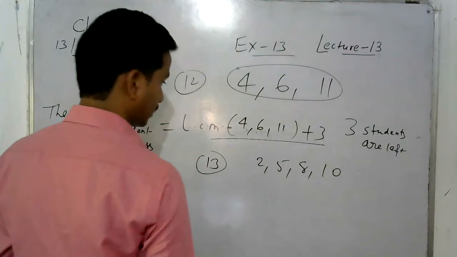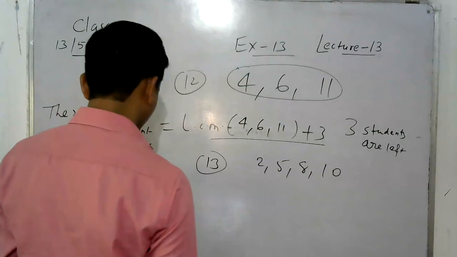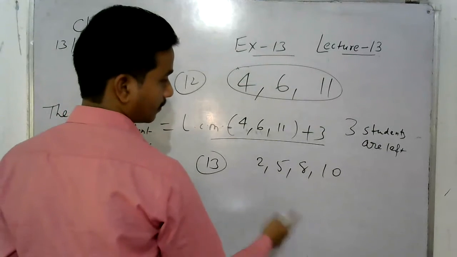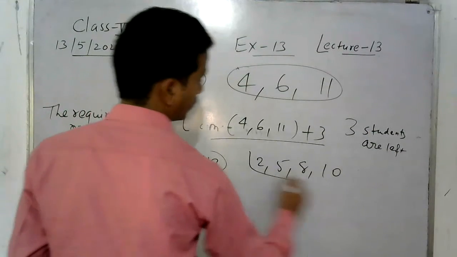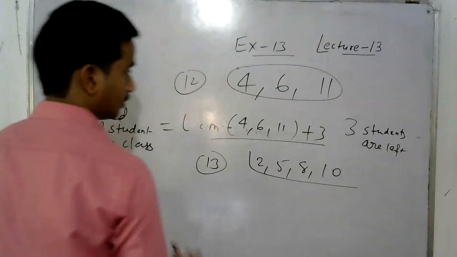You have to find after what interval of time all the bells will ring together again. You have to find just the LCM of all these, and you will get the answer.